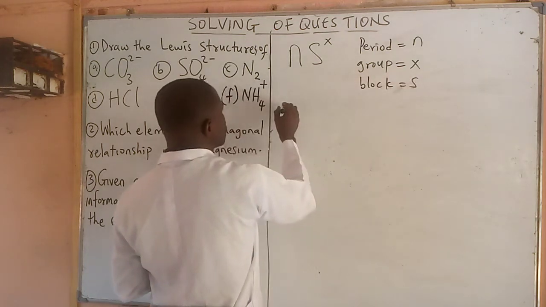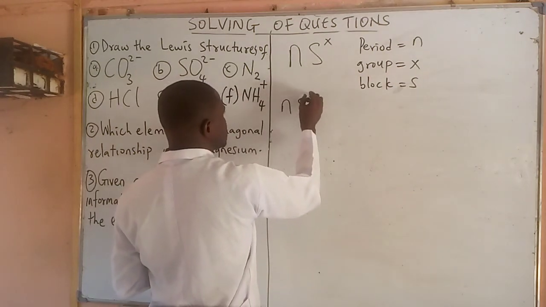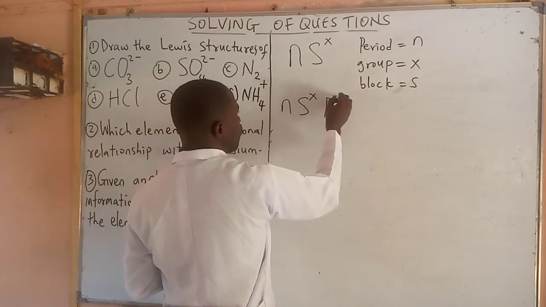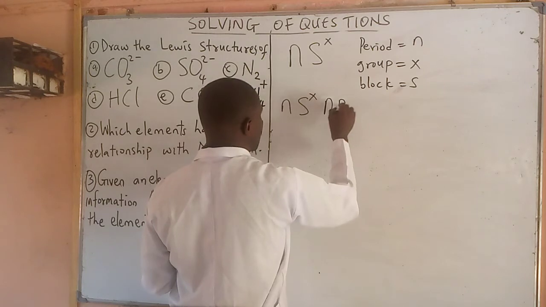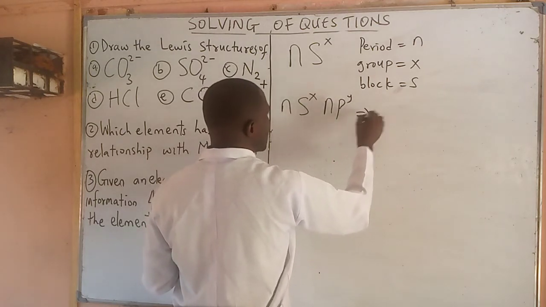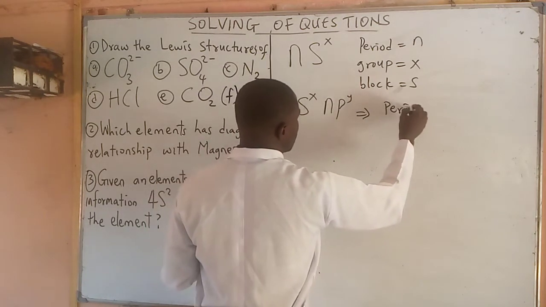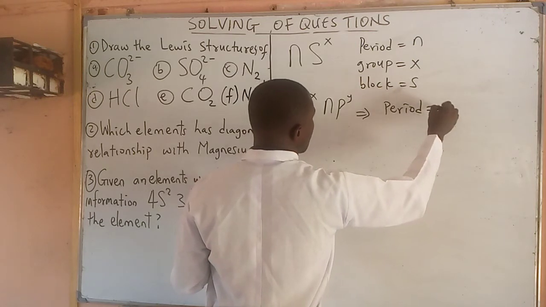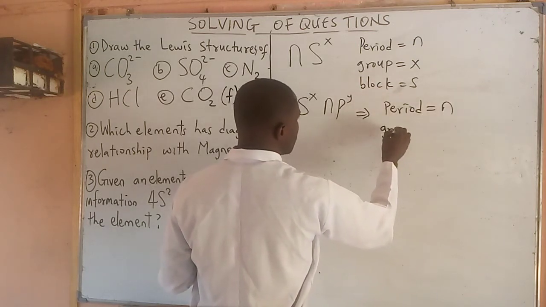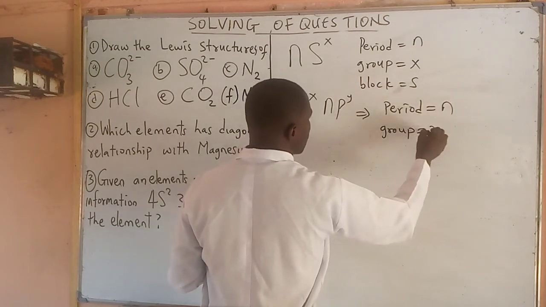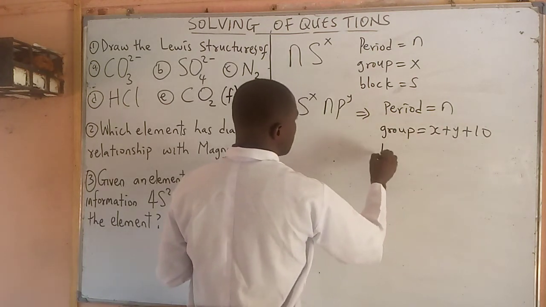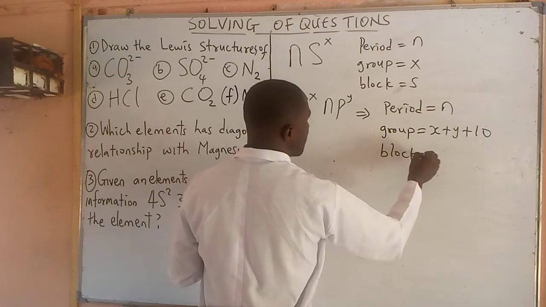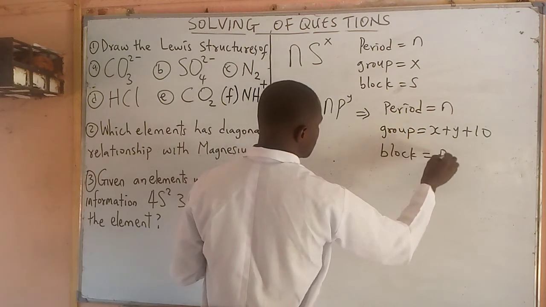Then when they give you ns^x np^y, tell them that period equals n, group equals x plus y plus 10, and block is p-block.